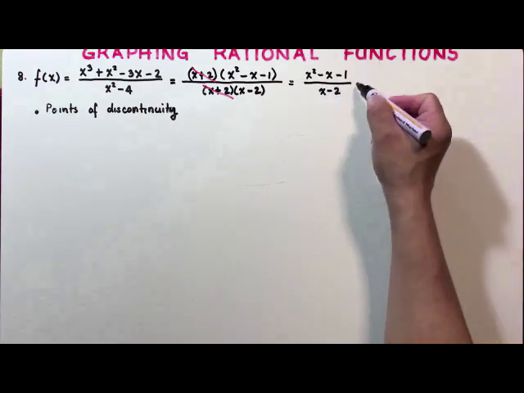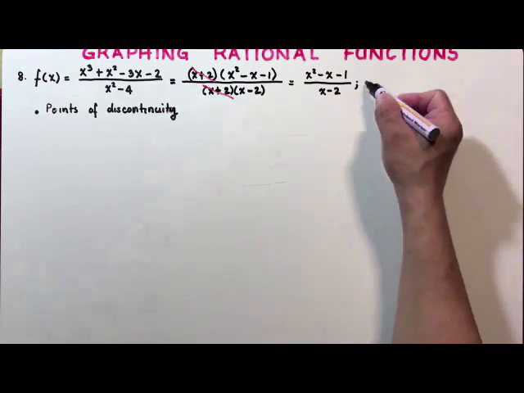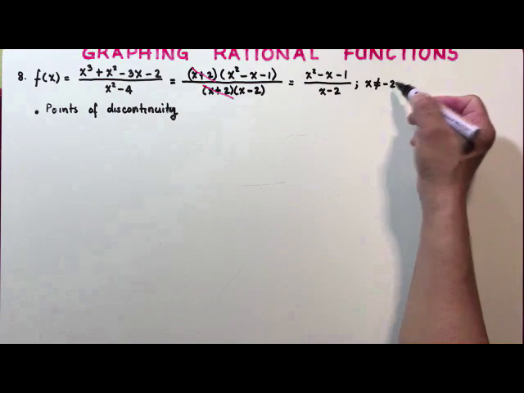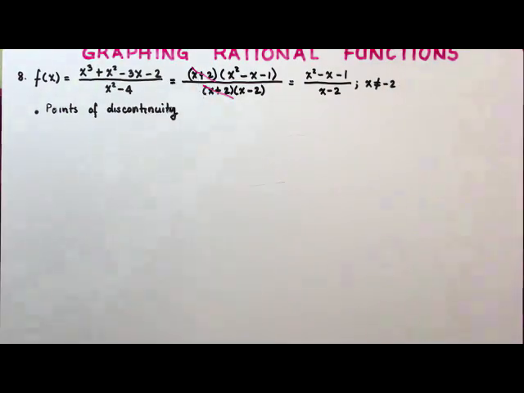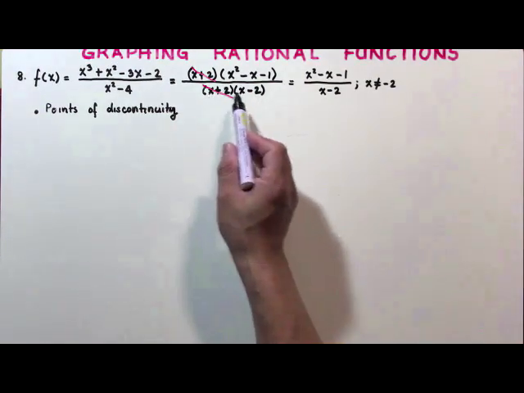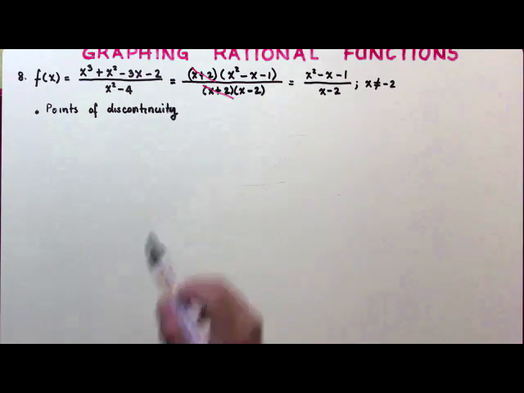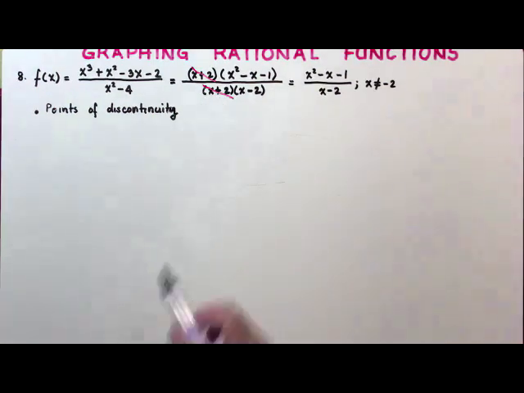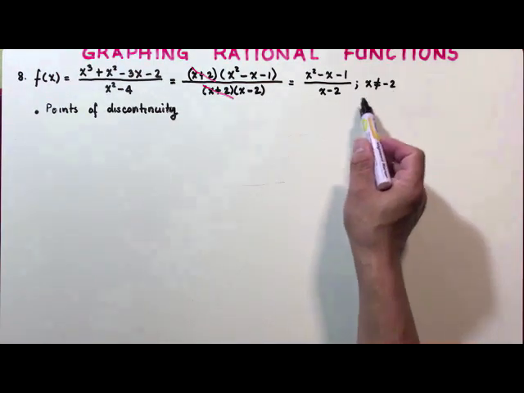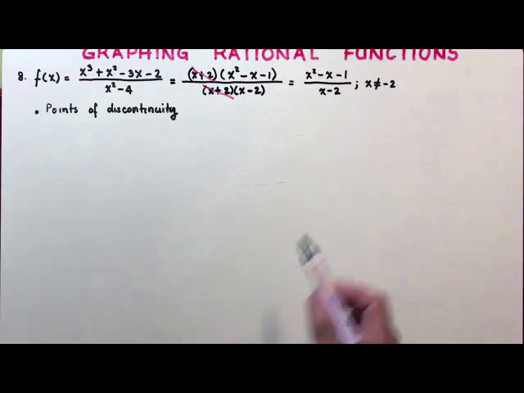But there is an additional condition that x must not be equal to -2 because we canceled out the common factor, which is x plus 2. And if you equate this factor to 0, x is equal to -2. So -2 is the value of x that makes the denominator 0. Now, division by 0 here is not allowed, so that's why we add an additional condition that x must not be equal to -2.